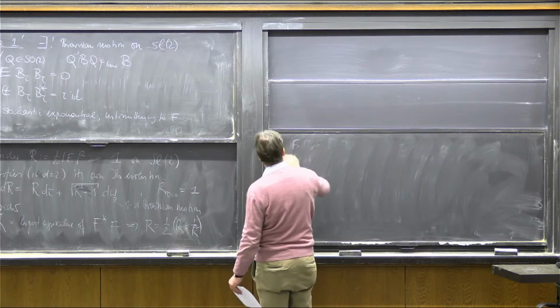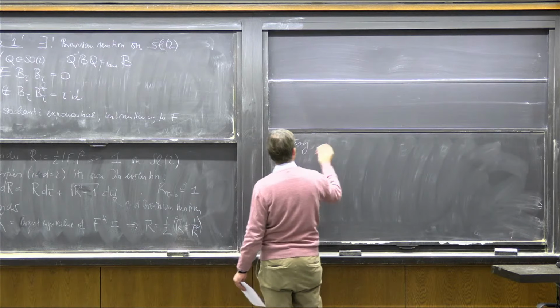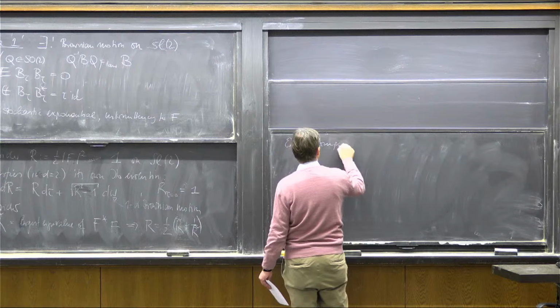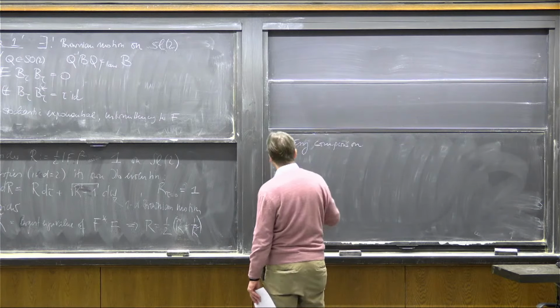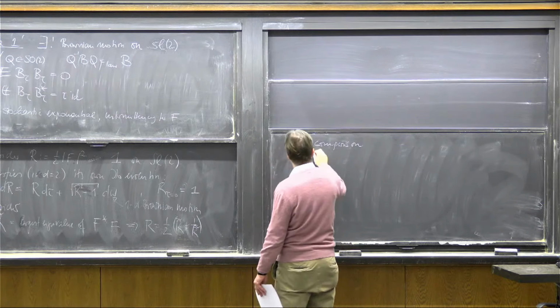So an easy comparison argument on the Stratonovich level shows you that not only is 2R larger than R tilde, which is immediate from this, but R tilde is larger than S, where S is a stochastic exponential.